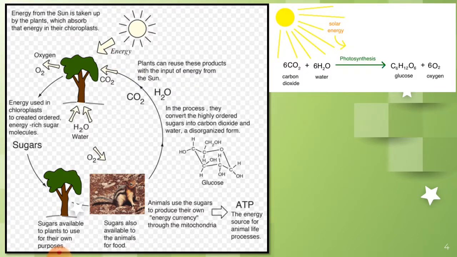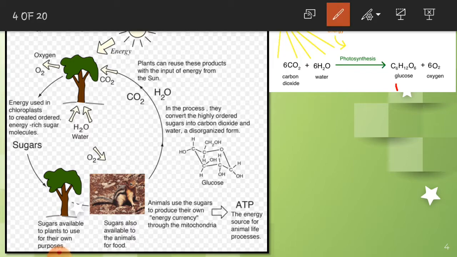In photosynthesis, 6 molecules of carbon dioxide react with 6 molecules of water to form glucose and oxygen. Now, this glucose is a biomolecule.